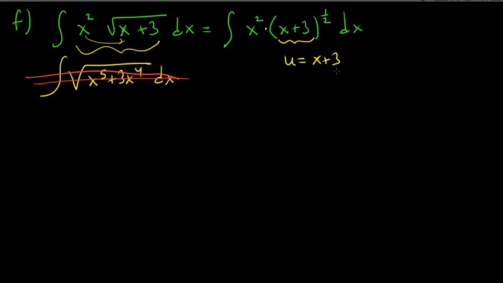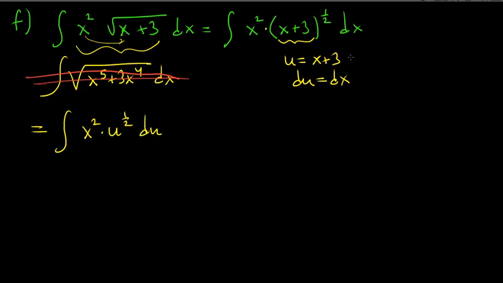So it's just the shift by 3 here. So du is just dx. The derivative is 1, so 1 times dx. So how is that going to work? Because we have x squared times u to the 1/2 du, but as I mentioned several times, you can't mix your x's and u's.